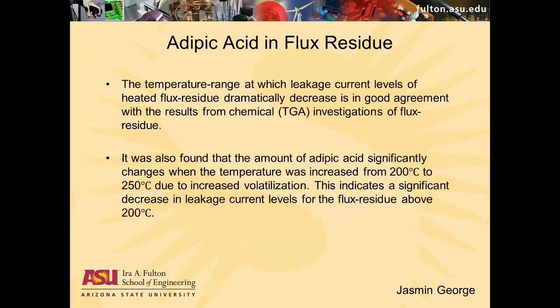The temperature range in the previous slide agrees with the results from the TGA for flux residue chemical compositions. It was also found that the drop in acid weight percent happens due to increased volatilization, which is another indicator of a decrease in leakage current levels. Now, Vivek will take over from me.